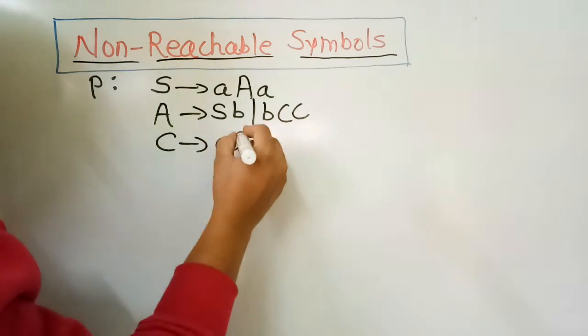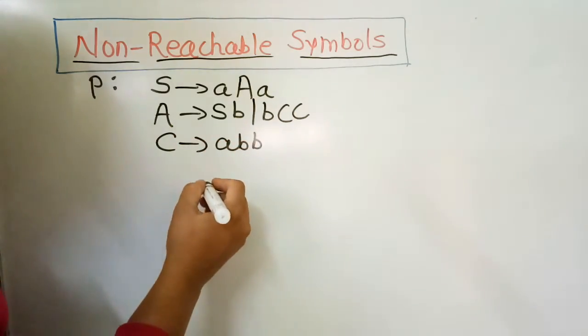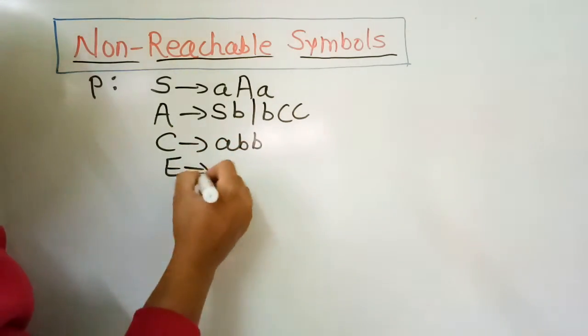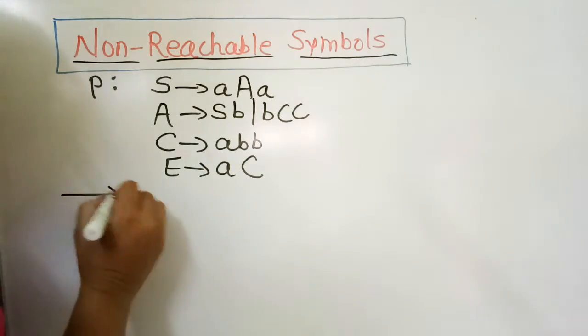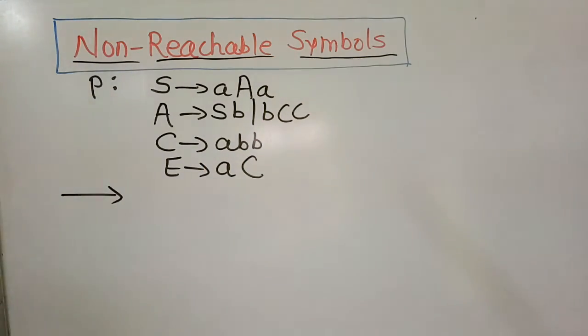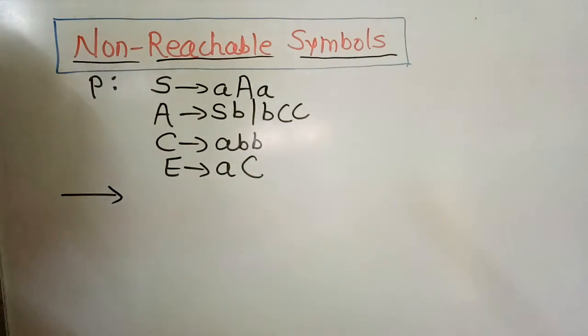Then C is having A B and E is having the AC production. Now we have to find whether there is any variable here that is non-reachable by applying the basic theory of non-reachable symbols.